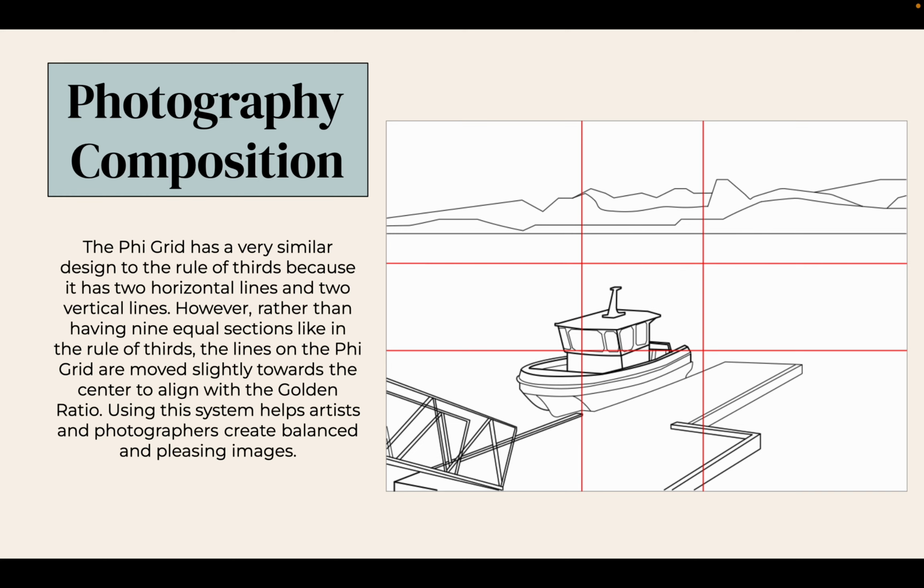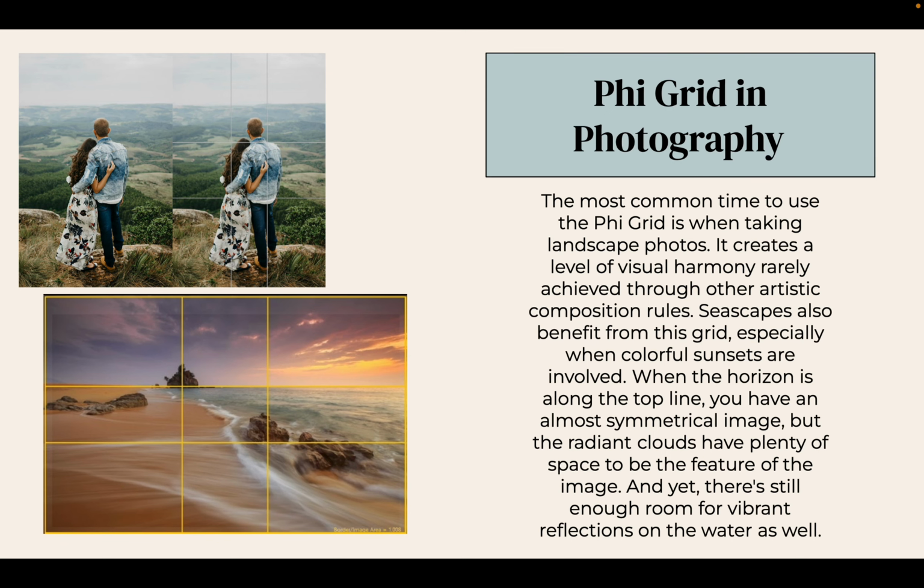It's basically two horizontal lines and two vertical lines. However, instead of having nine equal sections like in the rule of thirds, the lines in the phi grid are moved slightly towards the center to align with the golden ratio, and using this system helps artists and photographers create more balanced and pleasing images.